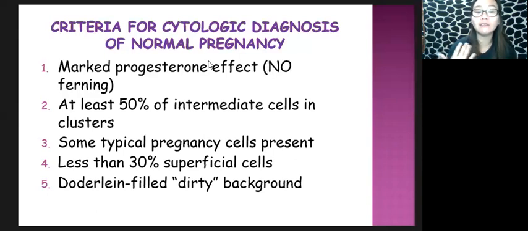Also, less than 30% superficial cells. This indicates a limited amount of estrogen, because like I said, it's your progesterone which should be predominant during pregnancy.